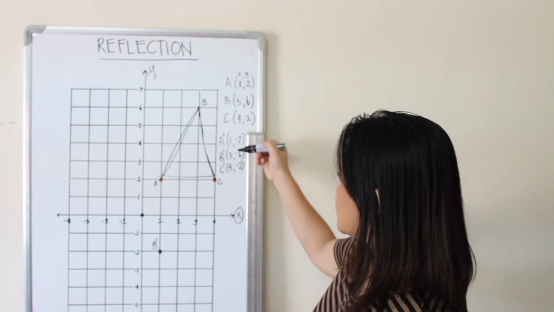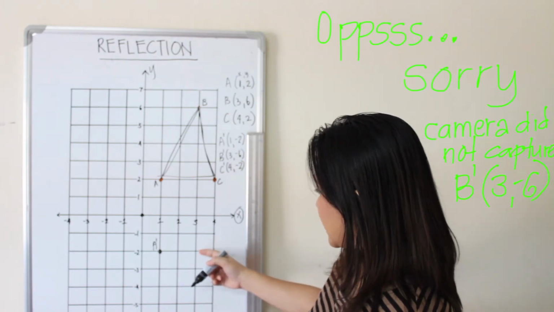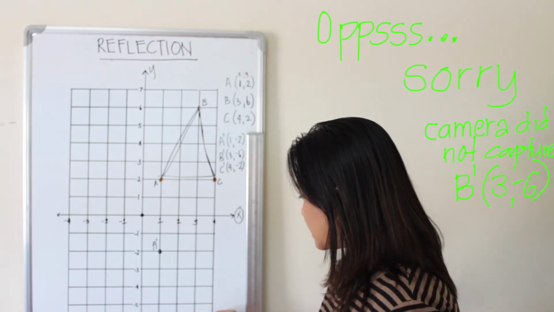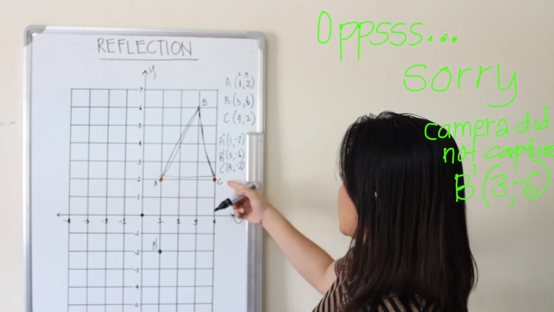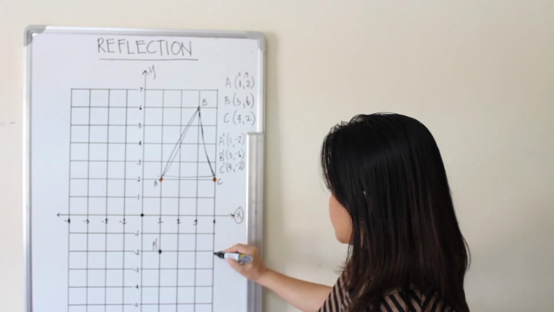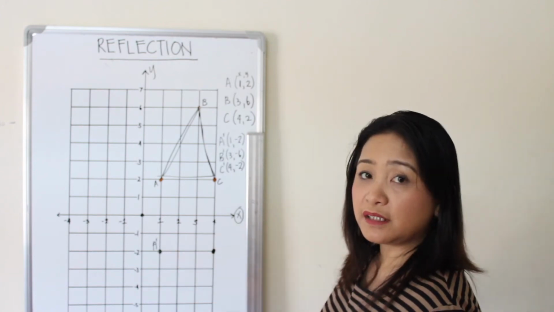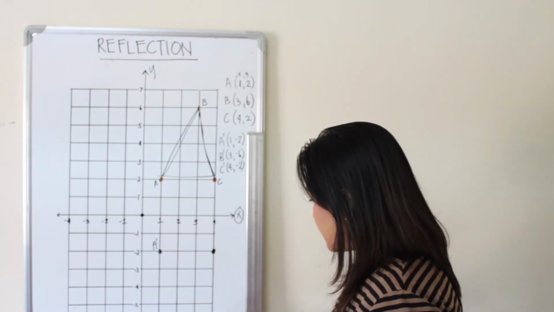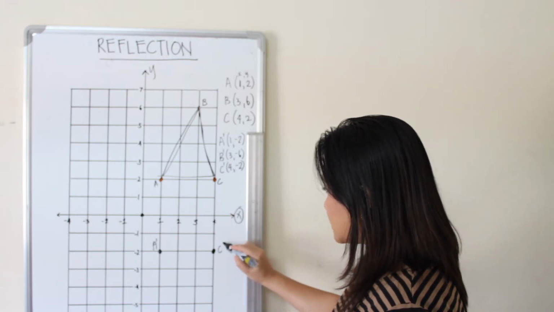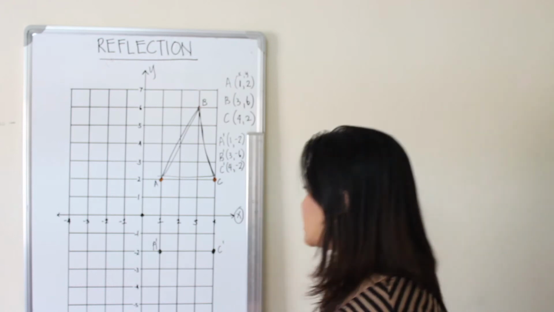Then B is at 3 and negative 6, over right here. And then C is at 4 and negative 2, right here. Once you have completed plotting all of the points, we have to label them like that so that we know that it is the image, the reflected image.